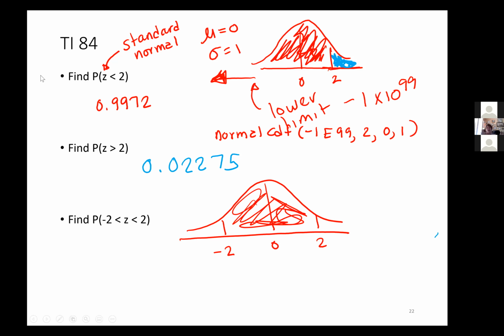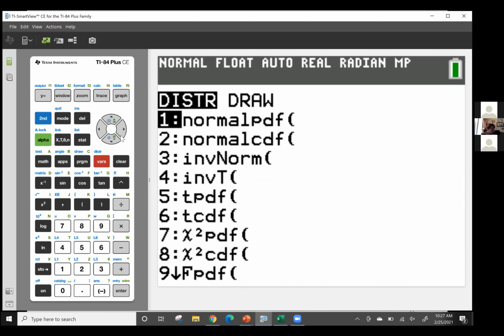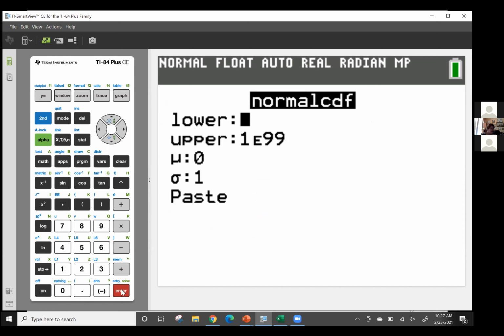Okay, so now all I'm going to change on my calculator is the upper limit and the lower limit. So I'm going to go back to my distribution. Now the lower limit is -2. The upper limit is +2.